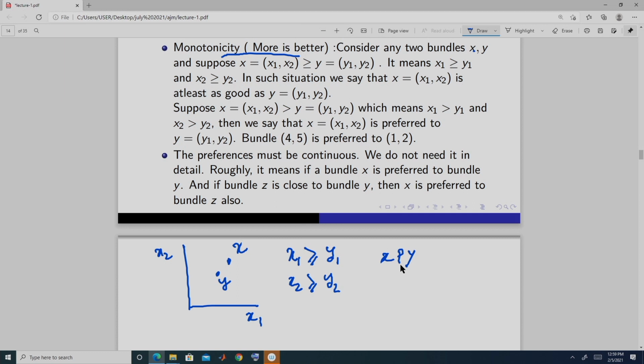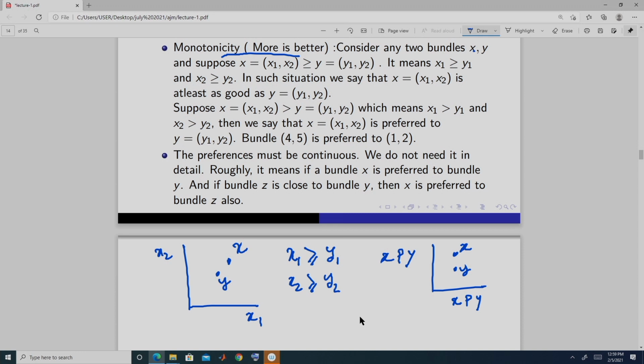Or instead, suppose x is this and y is this. Here the amount of good 1 is the same in both bundles x and y, but the amount of good 2 is higher in x. Here again we can say that x is preferred to y.